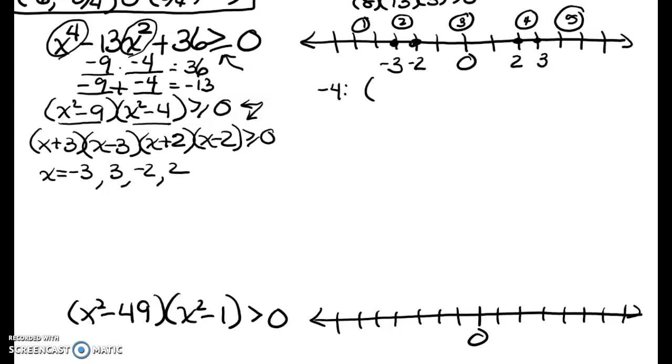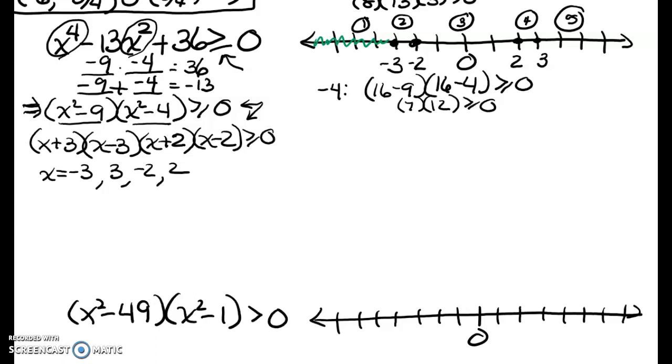And negative 4 squared is 16 minus 9, 16 minus 4 greater than or equal to 0. Well, that's going to give me 7 times 12 is greater than or equal to 0. And that's true because 7 times 12 is 84. So I'm going to shade this one in. All right, that gives me a positive number.